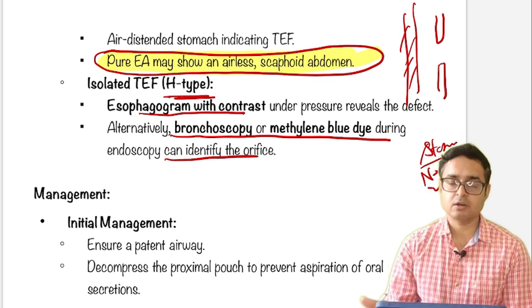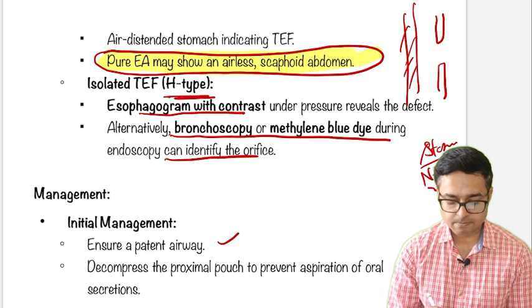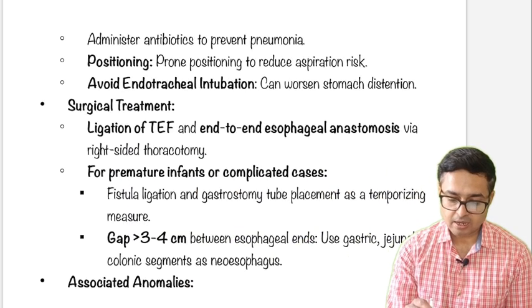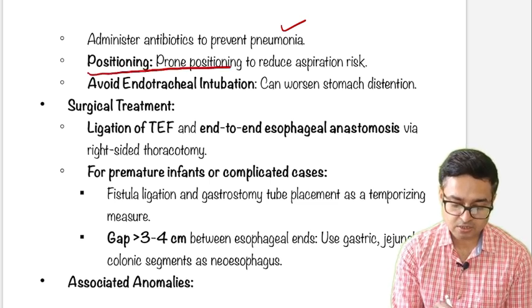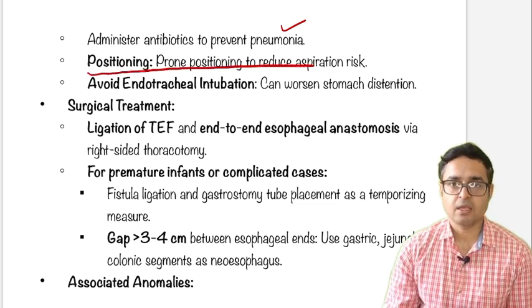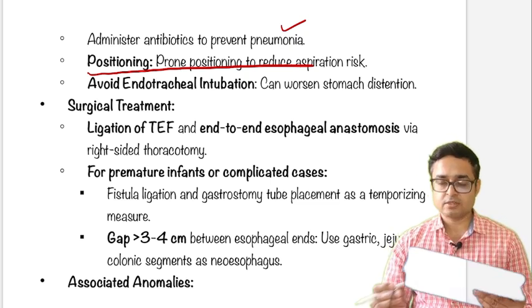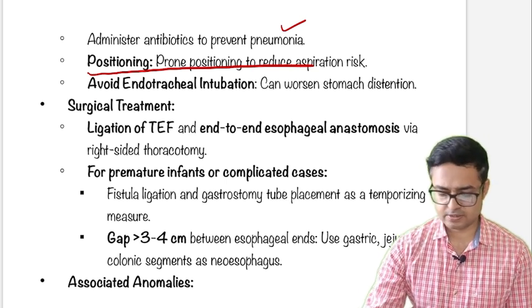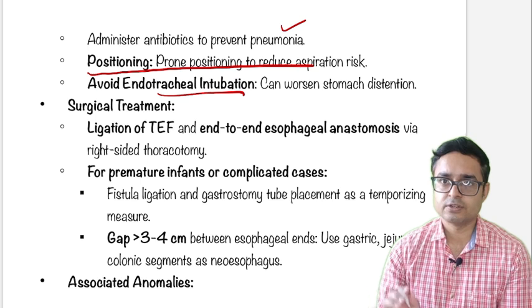Management is obviously conservative at first: ensure a patent airway, decompress the proximal pouch to prevent aspiration of oral secretions, administer antibiotics, use prone positioning to reduce aspiration risk, and avoid endotracheal intubation. This is important because we frequently do endotracheal intubation, so just avoid it in this condition.